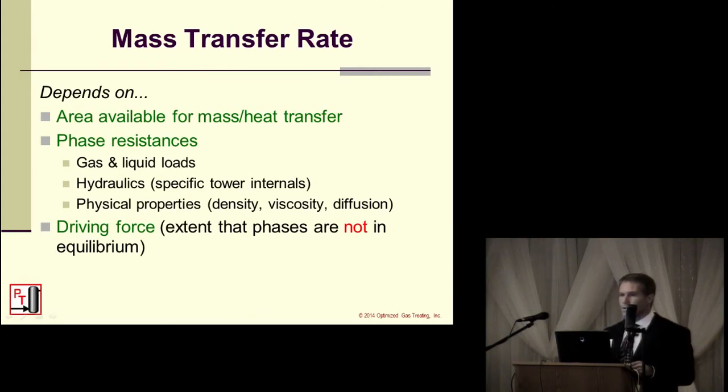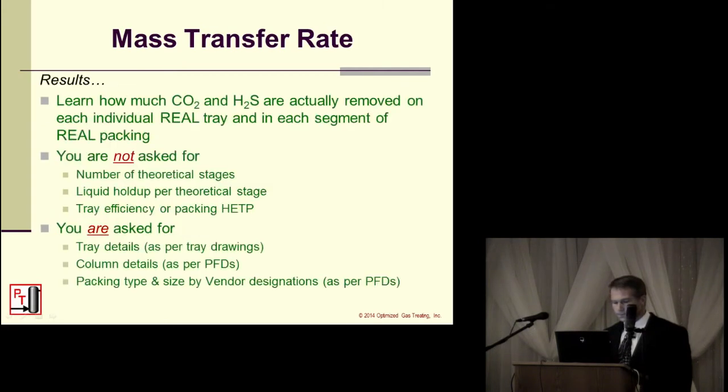So the extent that the phases are in disequilibrium dictates how much mass transfer we can have. So the results in terms of gas treating, you learn how much CO2 and H2S or mercaptan are actually removed on each real individual tray and each segment of real packing.